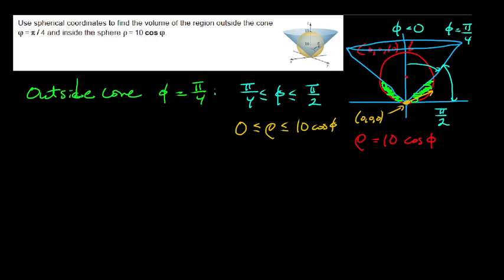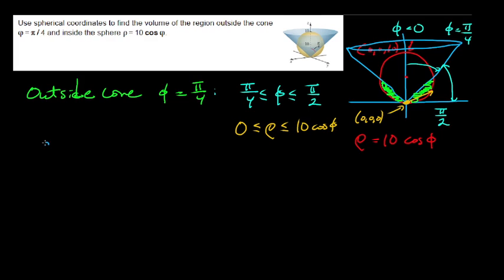Obviously, it depends on phi. If phi were less than pi over 4, rho would be bigger, and then rho decreases as you get to pi over 2, in which case it would be 0 again. Those are the bounds of the integrals.